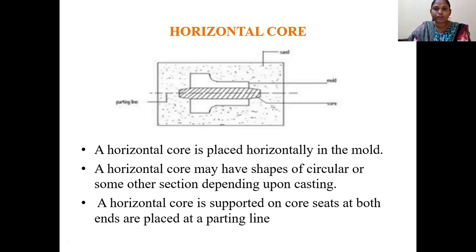The main duty of the core is to produce hollow sections in the castings. The core in the diagram, this hatched part, is called the core, and this core is placed in a horizontal axis.